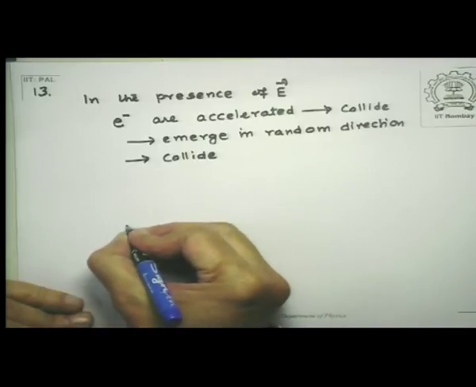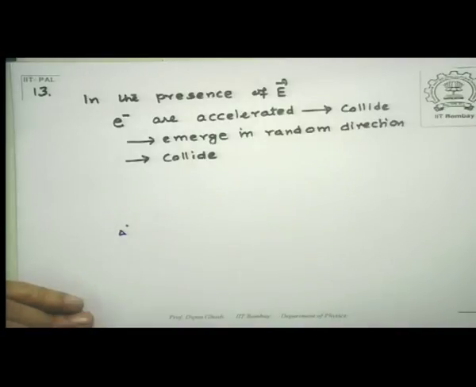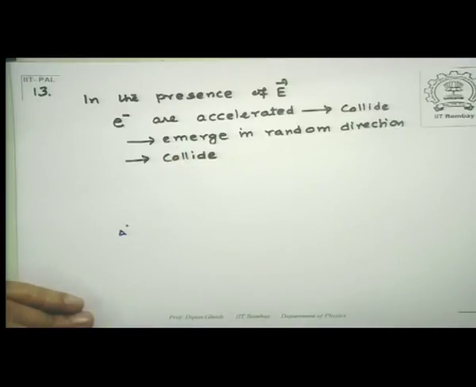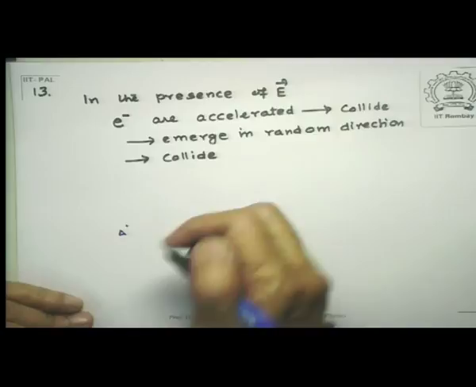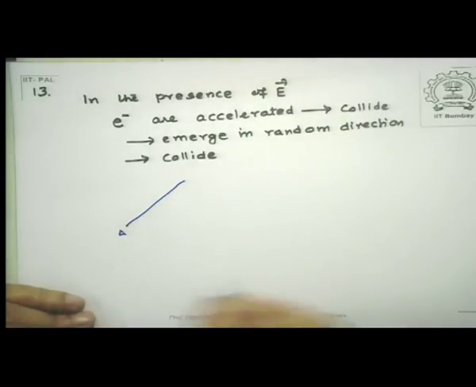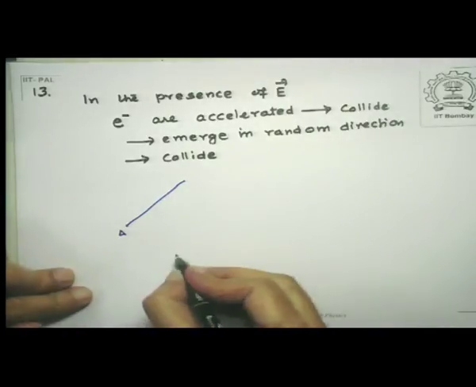Supposing my electron was at this point A. I will not show the location of an atom because it will clutter up the figure, but let us suppose the electron went there. So let me also show the direction of the electric field to be given by this.